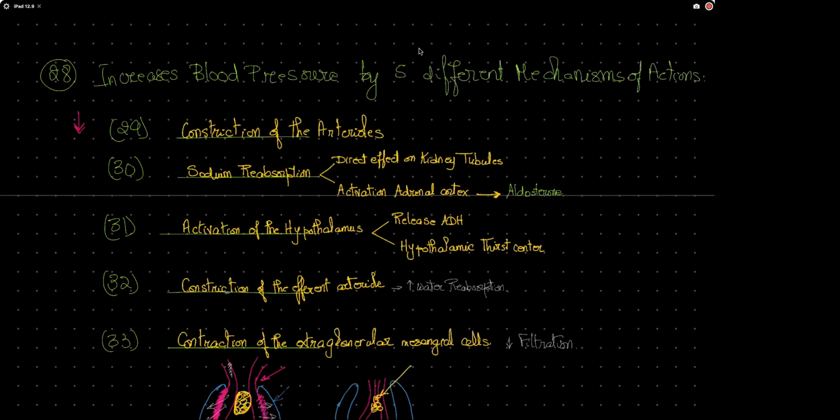Mode of action number 4 is going to be the constriction of the afferent arterioles that results in increased water reabsorption. Mode of action number 5 is going to be the contraction of the extraglomerular mesangial cells, reducing the filtration.